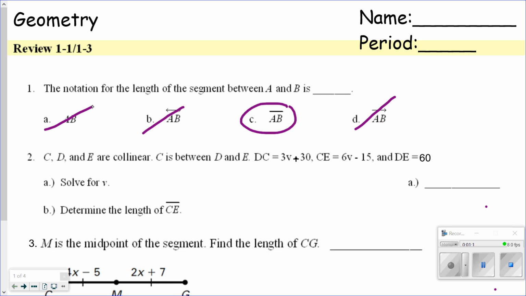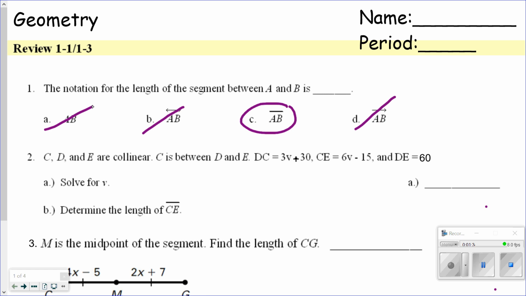Number 2, C, D, and E are collinear. C is between D and E. DC is equal to 3V plus 30, and CE is equal to 6V minus 15, and DE is equal to 60. I need to solve for V and then determine the length of segment CE. The first thing I want to do here is sketch out a picture.